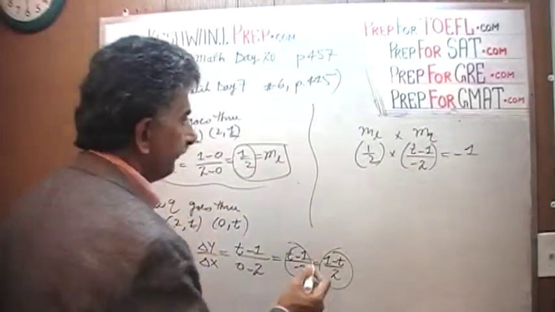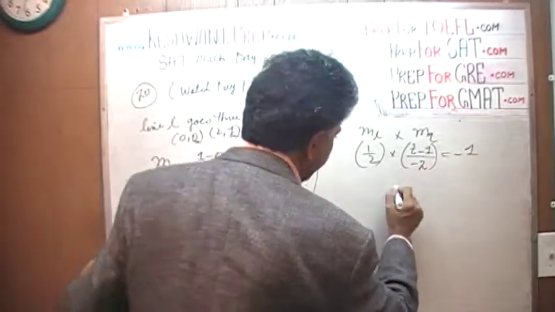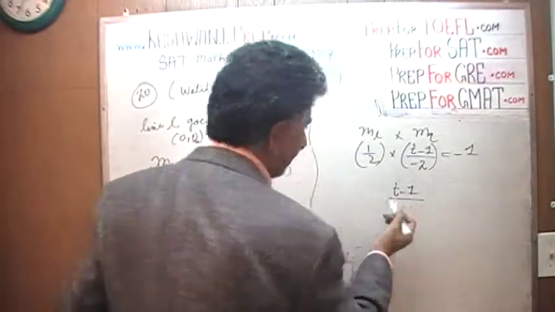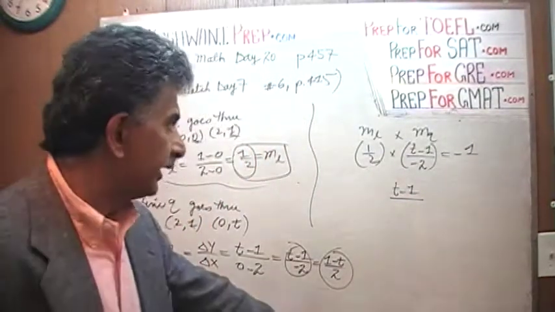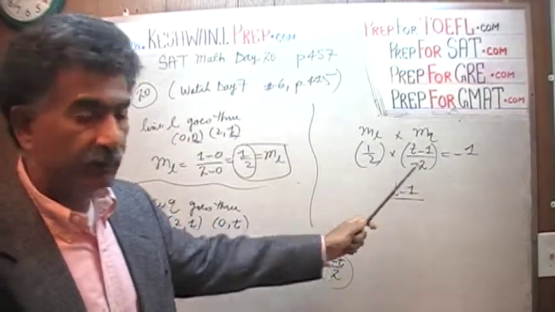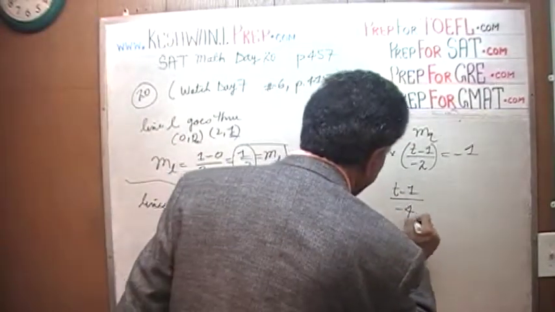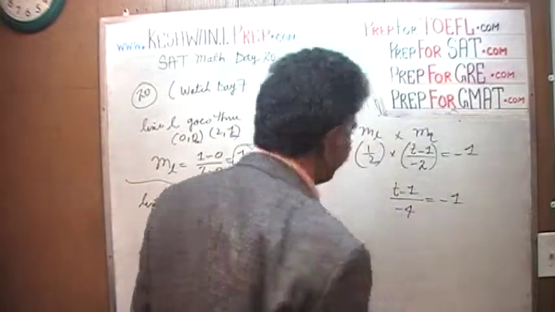Watch what happens. On the top we just get t minus 1, and on the bottom we get positive 2 times -2, which is -4, equals -1.